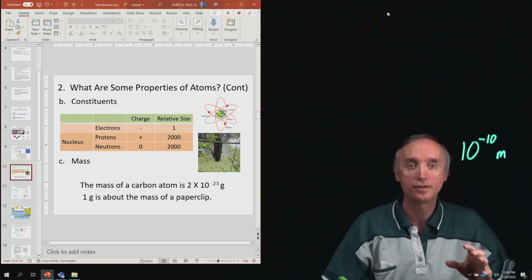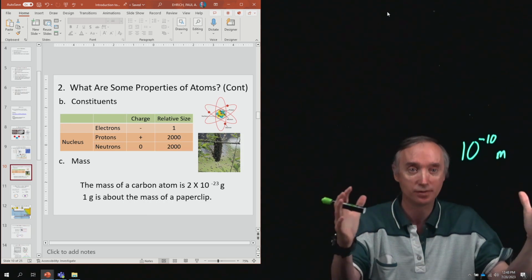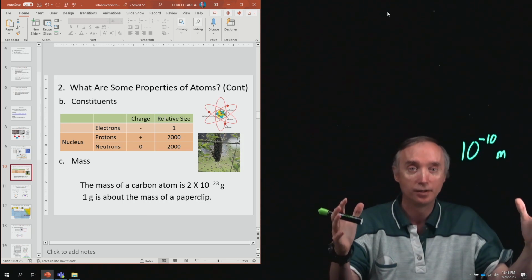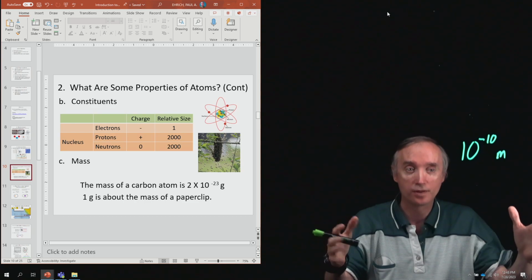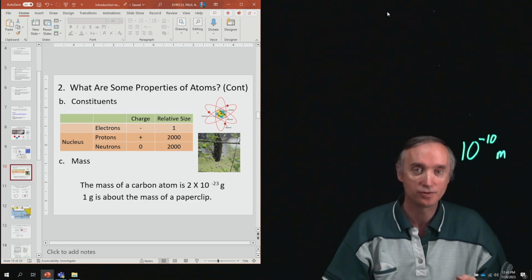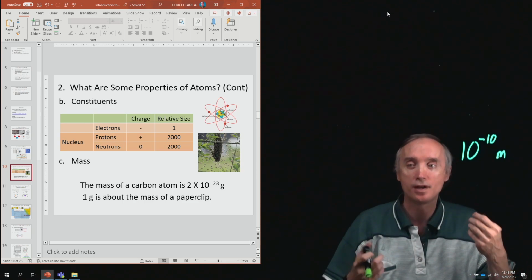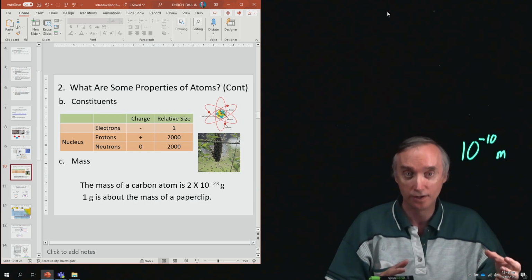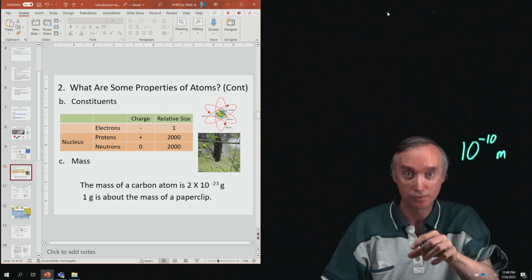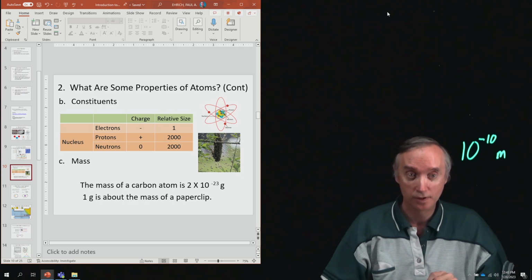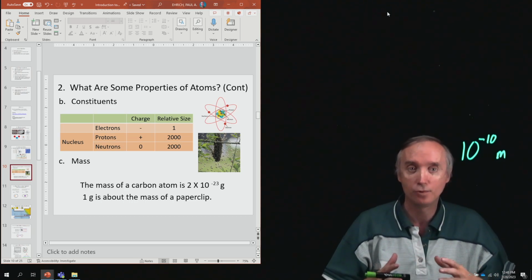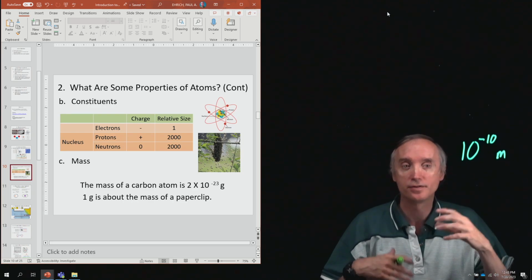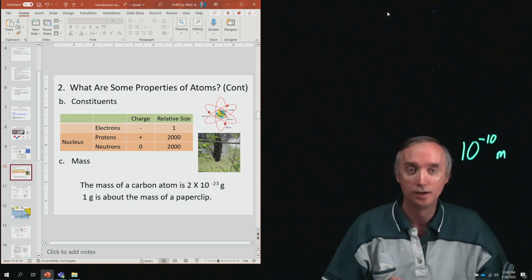We know that the electrons are going to be located a certain distance away from the nucleus within a certain percentage. So we would say that with 90% confidence, that electron is located such and such meters away from the nucleus. But we don't know exactly where it's at because of quantum mechanics.